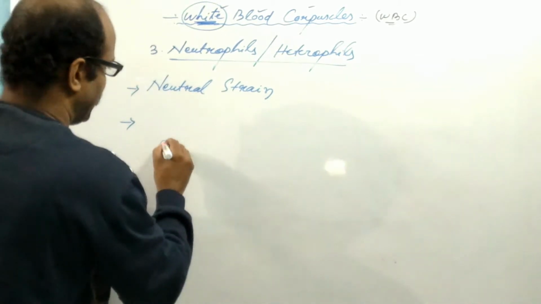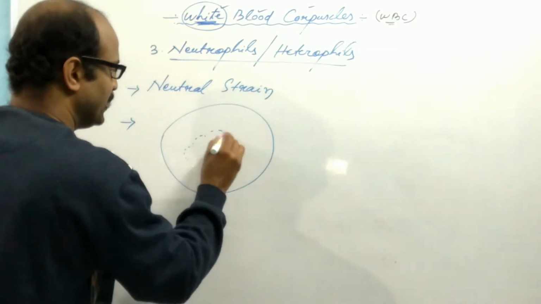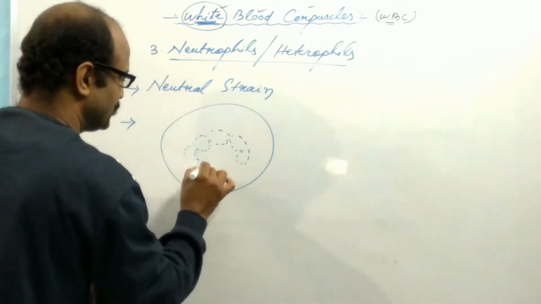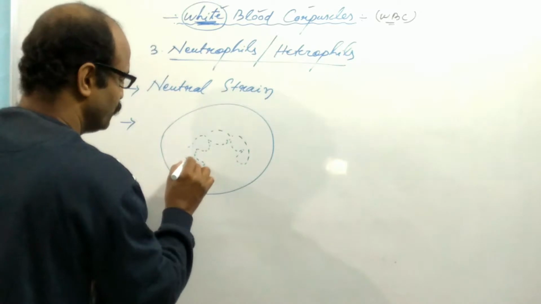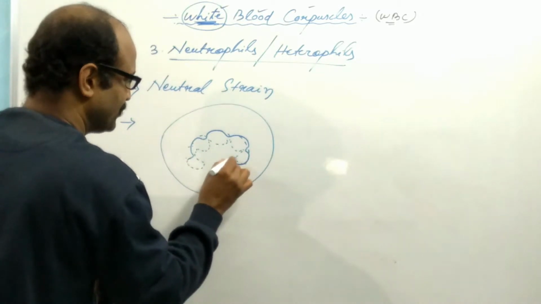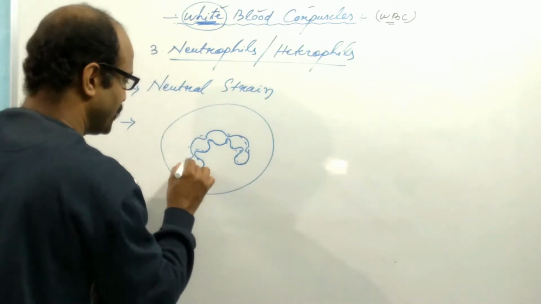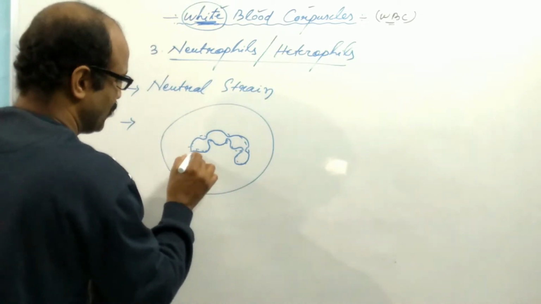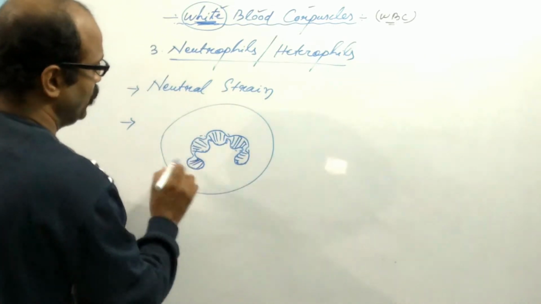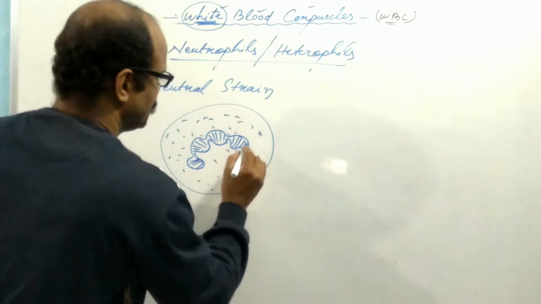These neutrophils have a polylobed nucleus, which may have 2 to 5 lobes. Suppose that these are the different lobes connected to each other: 1 lobe, 2 lobes, 3, 4, 5. This is the polylobed nucleus. The cytoplasm contains a number of granules.